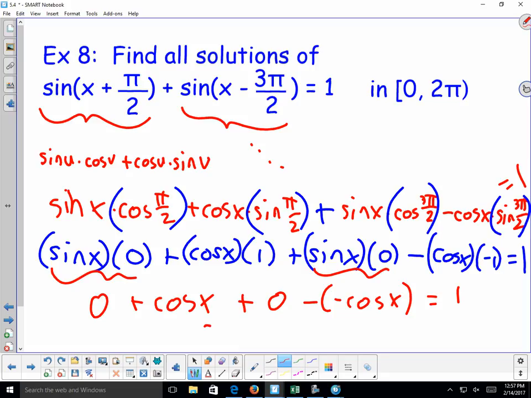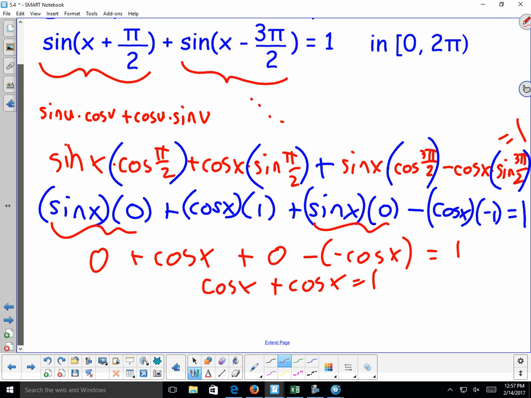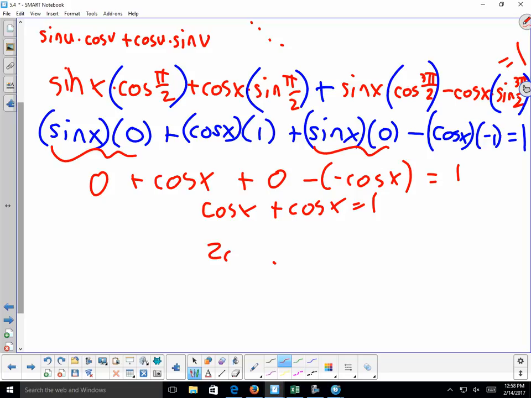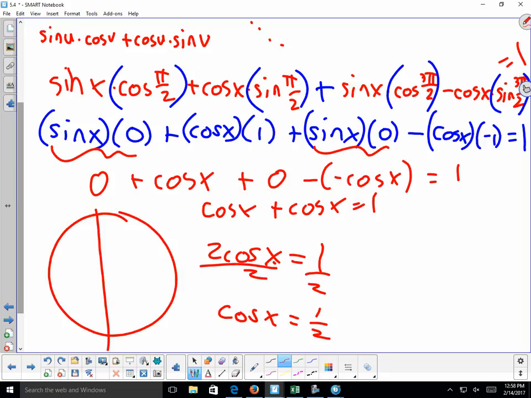So it looks to me like I get cosine x plus cosine x equals 1, which means 2 cosine x equals 1. Divide by 2. We get cosine x equals 1/2. And then where on our unit circle are we only supposed to find the solutions between 0 and 2 pi?